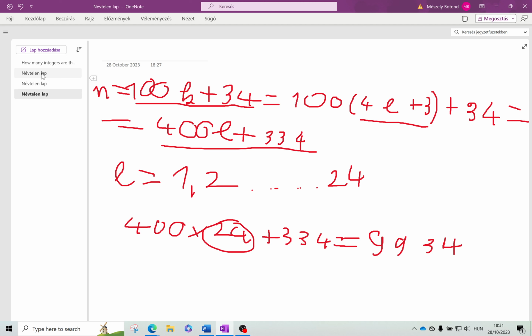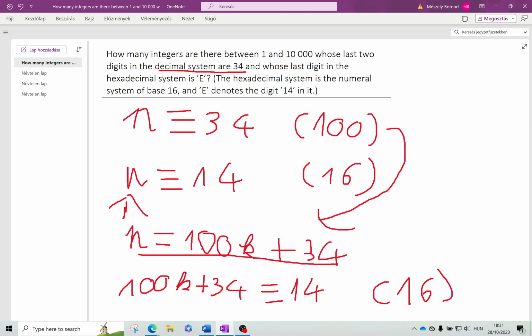Why did we use 100? Could you repeat, sorry? Why did we use 100? So you mean here or here? Yes. Because the last two digits are 34.